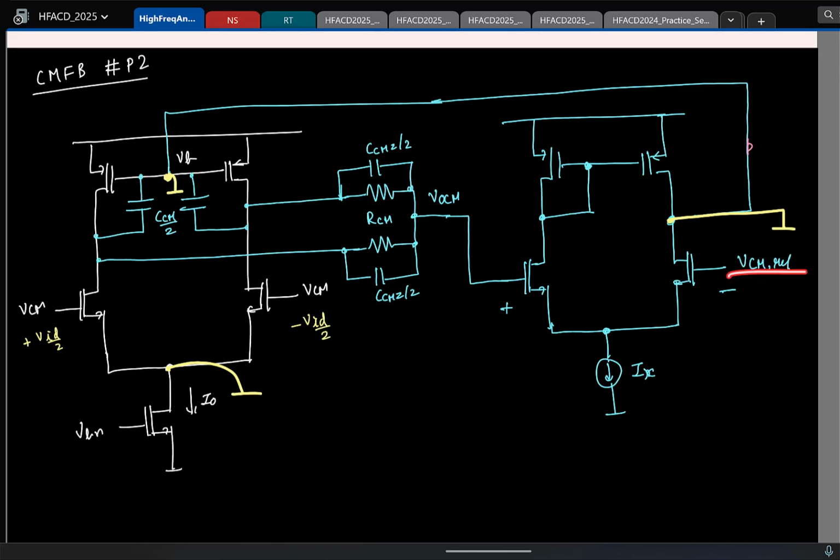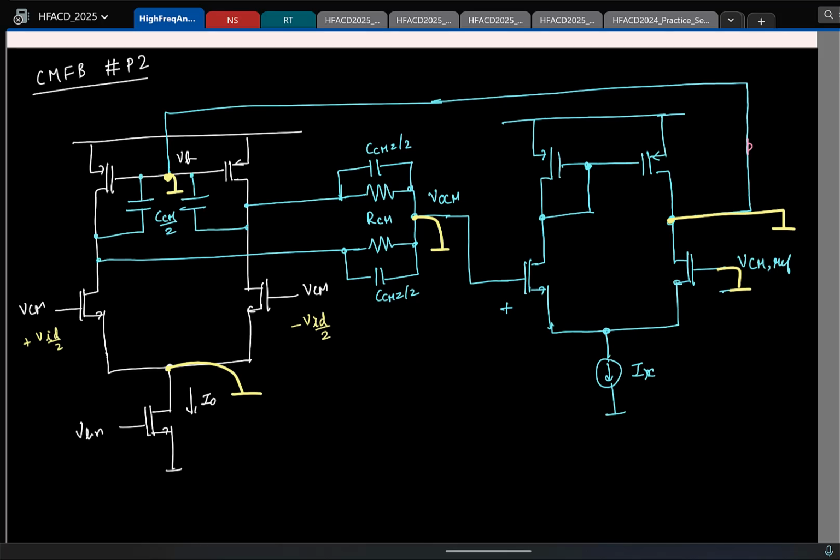Now this is the constant DC voltage for small signals. What will this be? That is also small signal ground. Then, if you carefully notice, even this is along the line of symmetry, right? Although I have flipped it horizontally, this is also along the line of symmetry. Can you see this? So even this will be small signal ground.